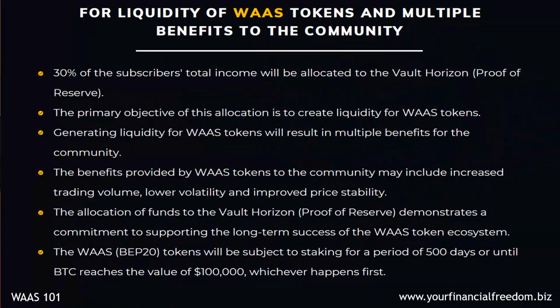Now, 30% of subscribers' total income will be allocated to the Vault Horizon Proof of Reserve. The primary objective of this allocation is to create liquidity for the WAS tokens. Generating liquidity for WAS tokens will result in multiple benefits for the entire community. The benefits provided by WAS tokens to the community may include increased trading volume, lower volatility, and improved price stability.